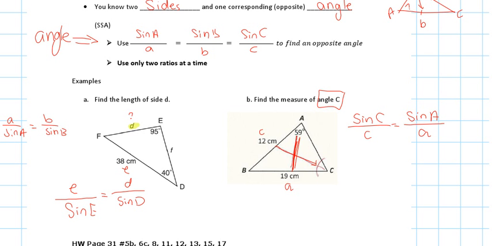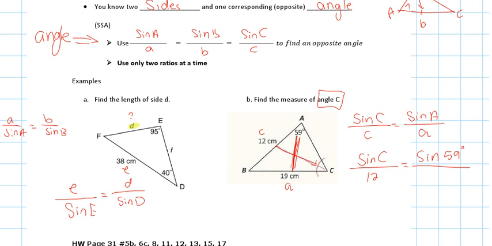Now I wrote my formula, I can plug in my information. I don't know what angle C is, so I'm going to leave it as sine C. What's side C? 12 equal to sine, what's angle A? 59 over 19.